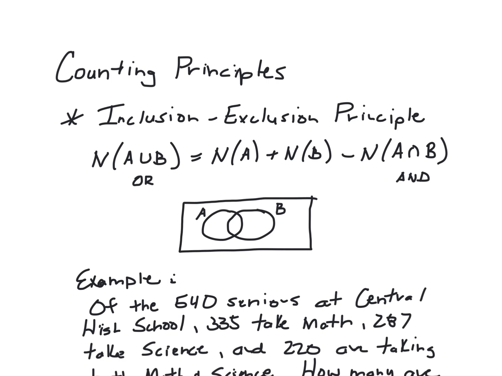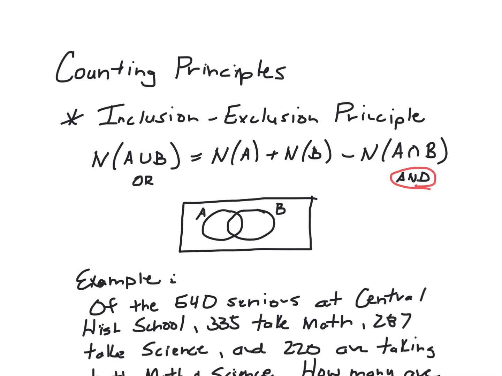So the number in A or in B will always equal the number in A plus the number in B minus the number in the intersection of A and B.